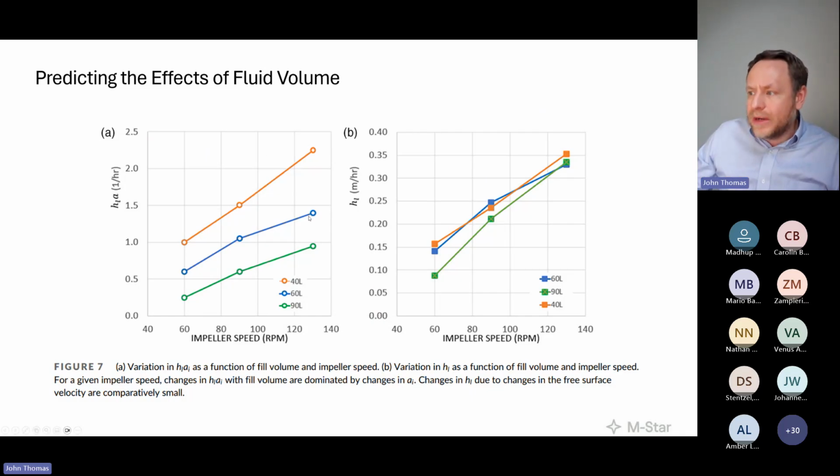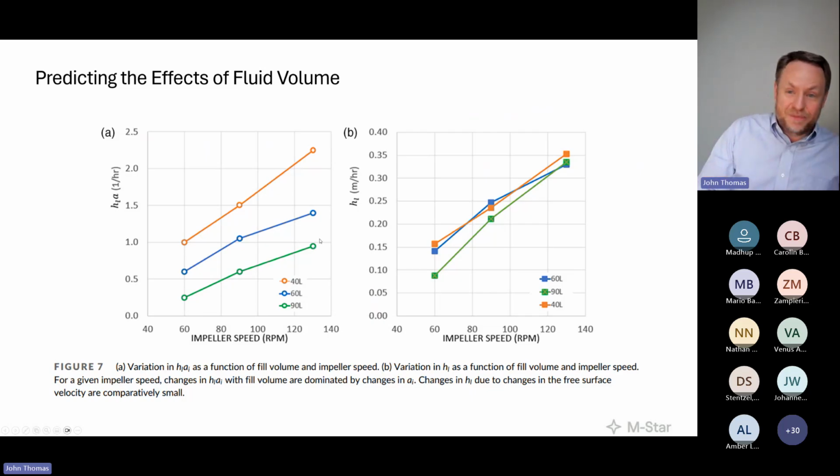And this goes down as fluid volume goes up because our A gets smaller. Not because the interface changed, not even because HL changed that much, but because that little interface had to carry a larger volume of water and try to supply it. So as we get up to larger volumes, like 90 liters, it's getting down sub 1.